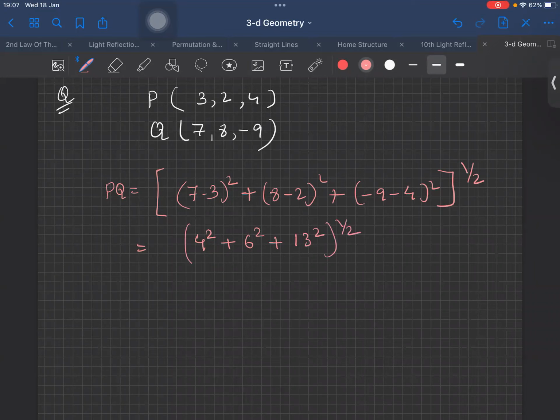Somebody solve and tell me the answer. Please don't use your calculator. 4 square is 16. 6 square is 36. 13 square is 169.